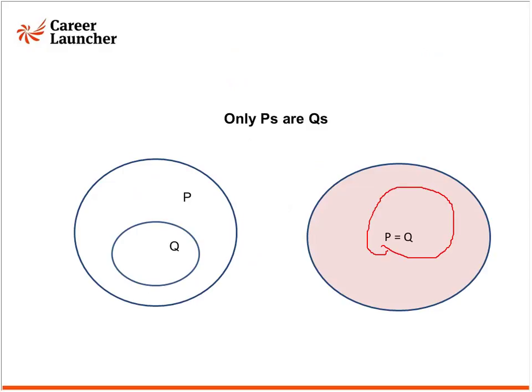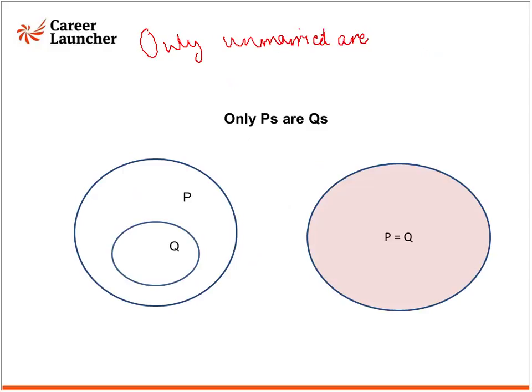Okay, so say if I give you an example like only unmarried are bachelors.